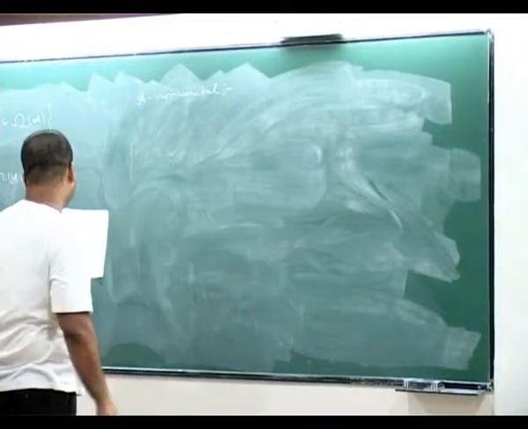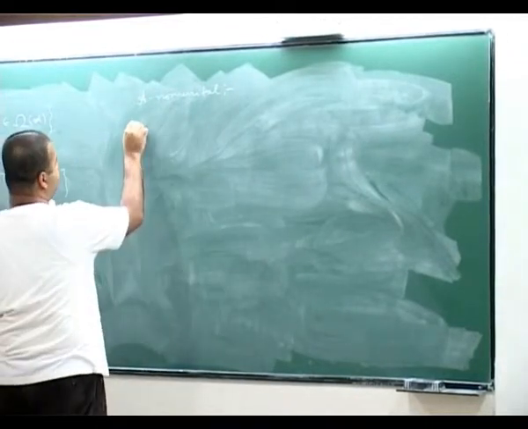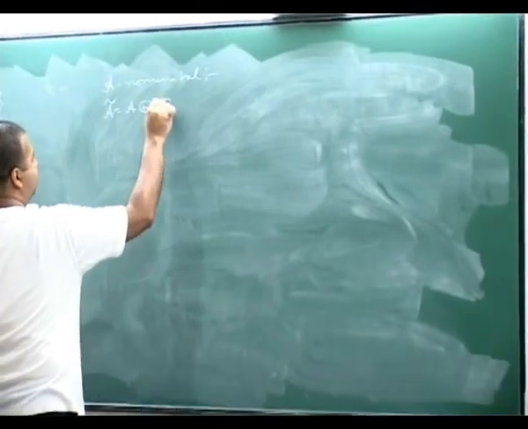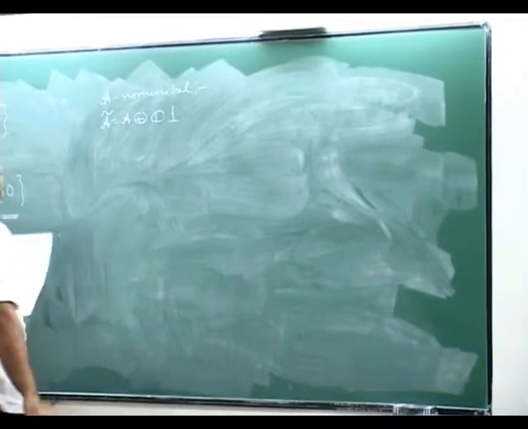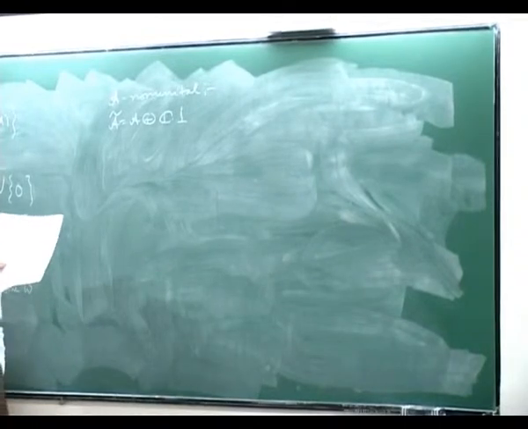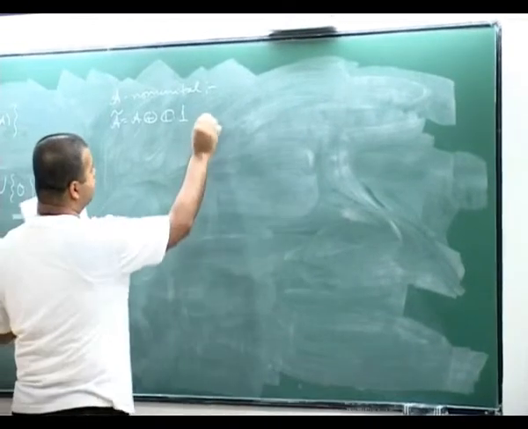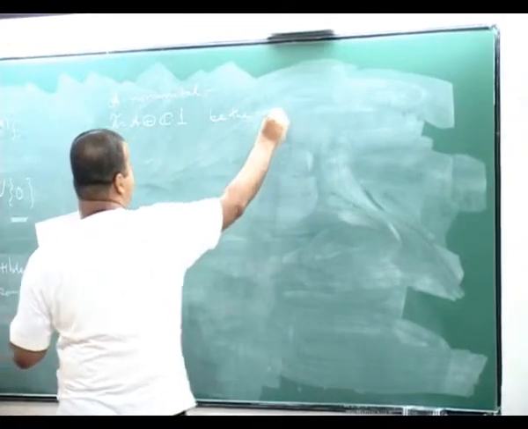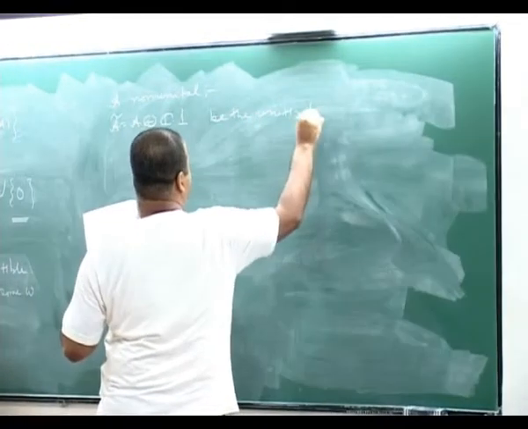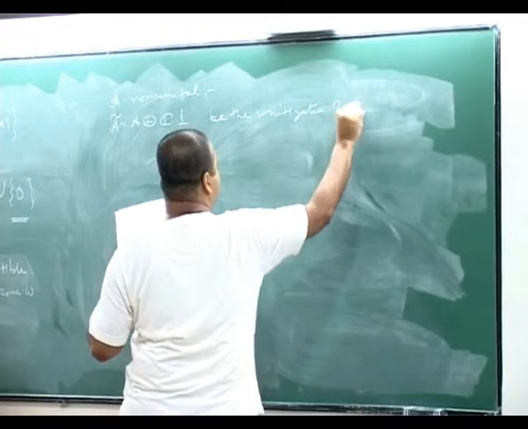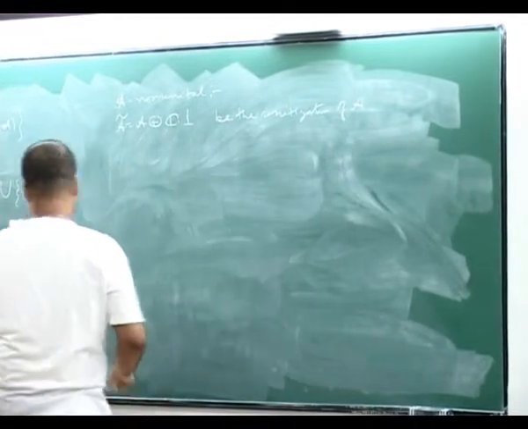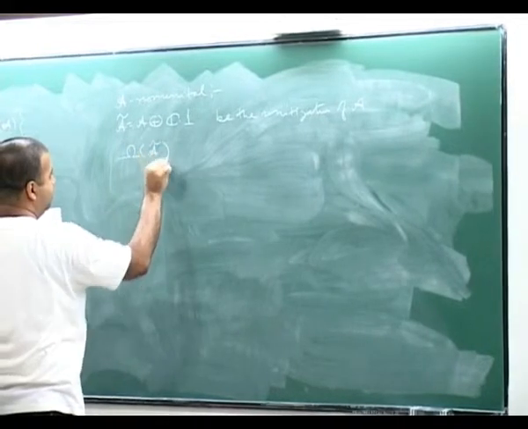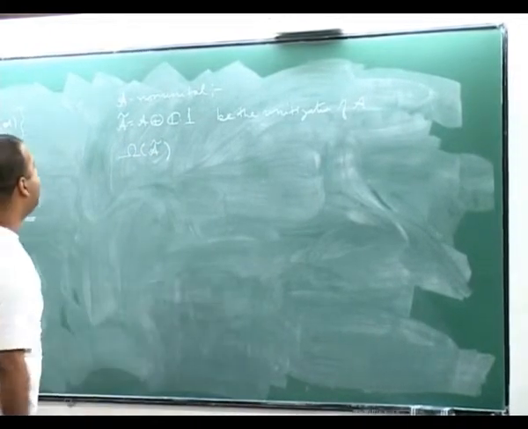A non-unital, in this case, of course, we discussed that this is a unital Banach algebra and so on. So, this will be the unitization of A, and omega of A tilde are homomorphisms.